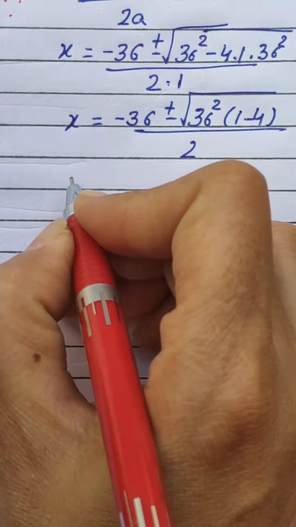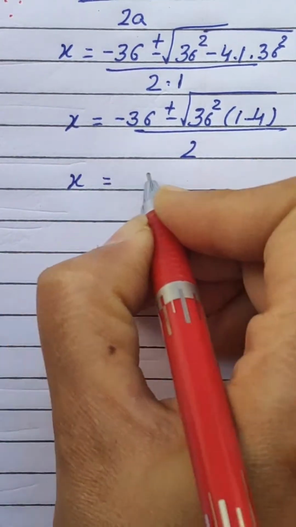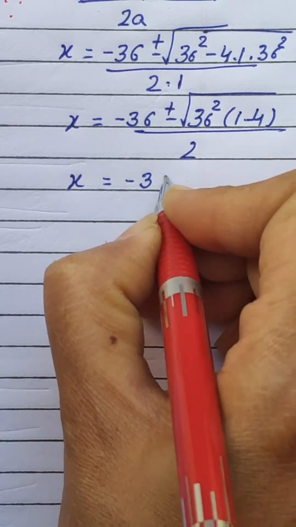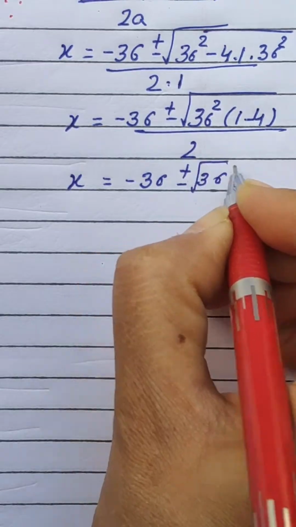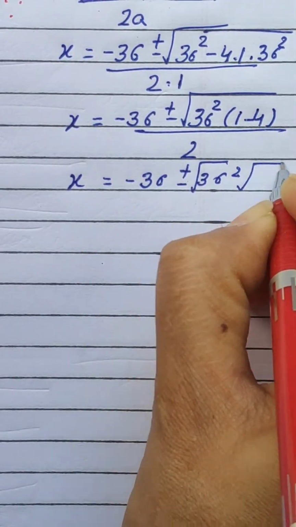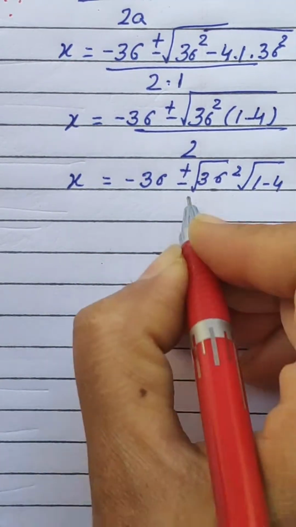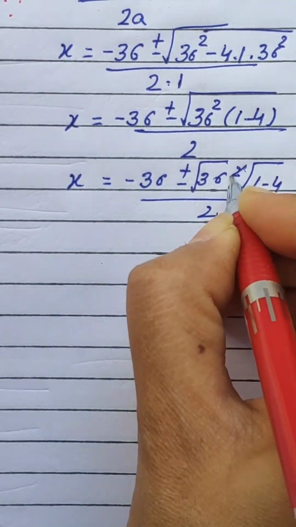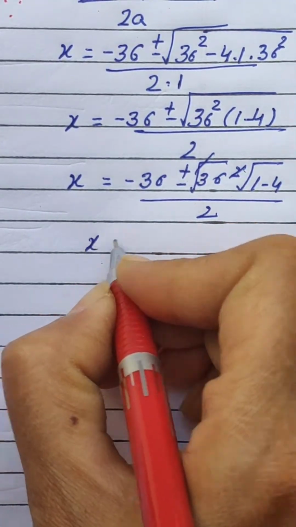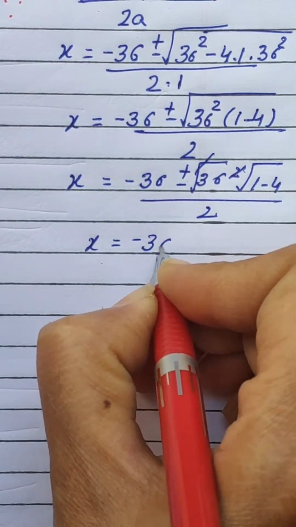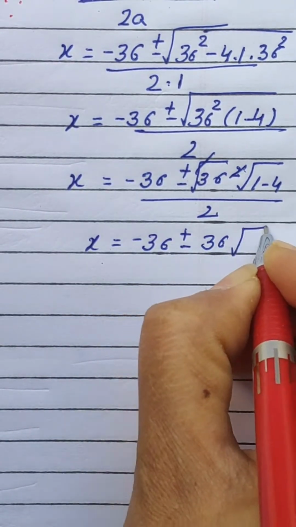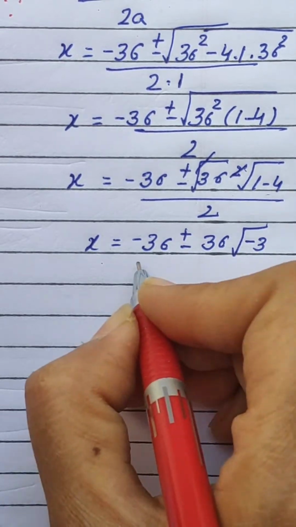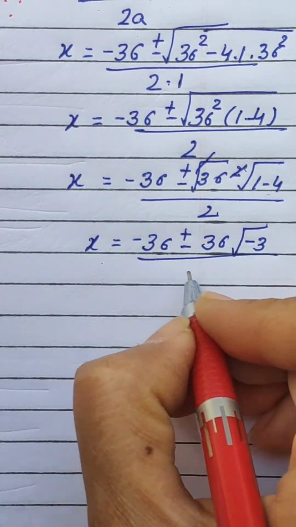So x is equal to minus 36 plus minus square root of 36 square times 1 minus 4, upon 2. Here square cuts. x is equal to minus 36 plus minus 36 times square root of minus 3 upon 2.